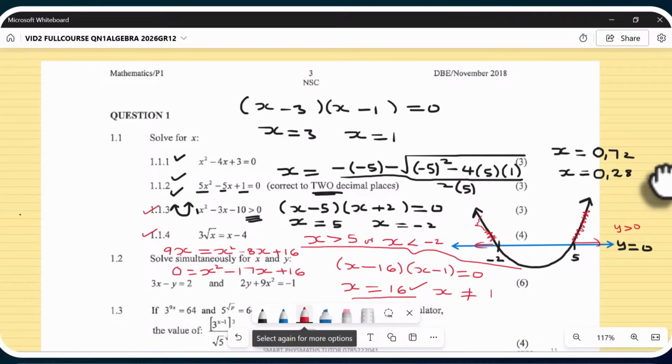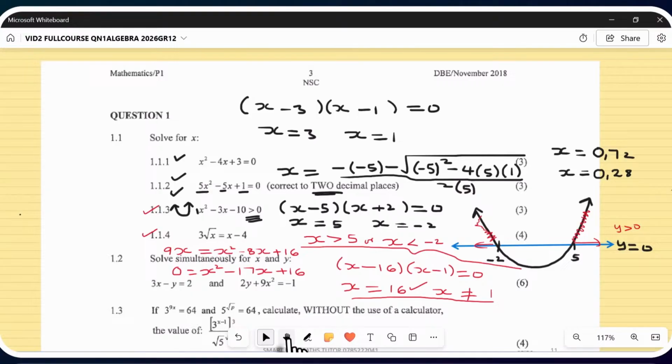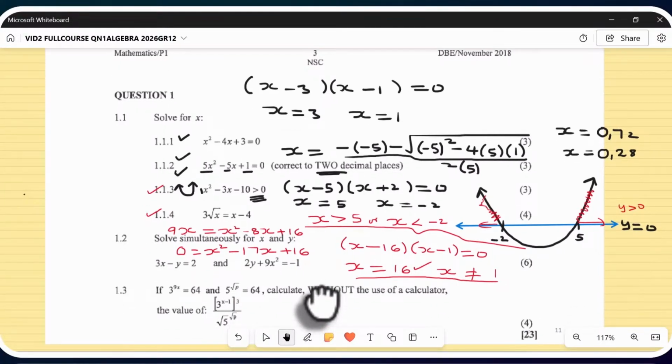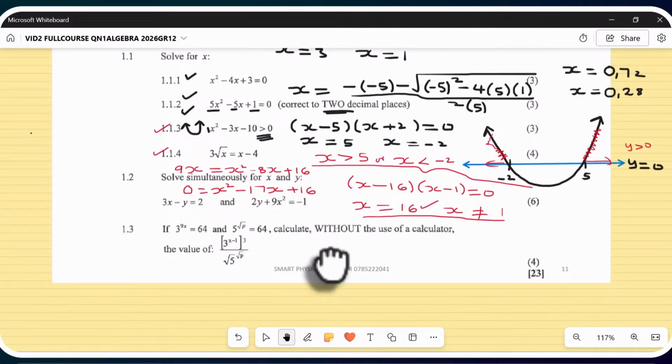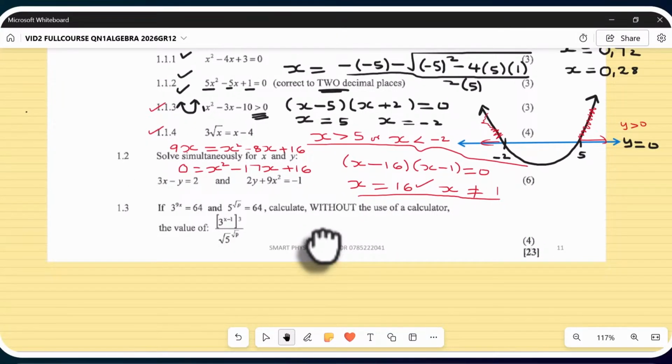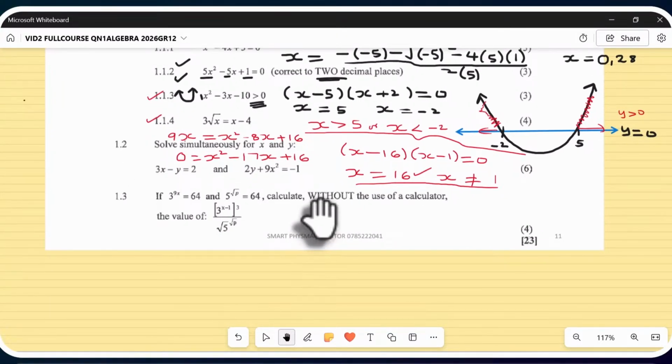Then you can make either x or y the subject of the formula. Like in this case, I can easily make y the subject. I can say 3x minus 2 equals y.